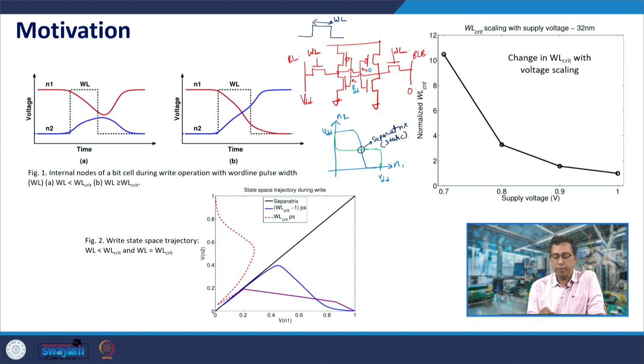So, during the word line pulse width, if the change in voltage of N2, which is connected through the access transistor to VDD, and the reduction in voltage of N1 do not cross this separatrix, in that case switching would not happen.